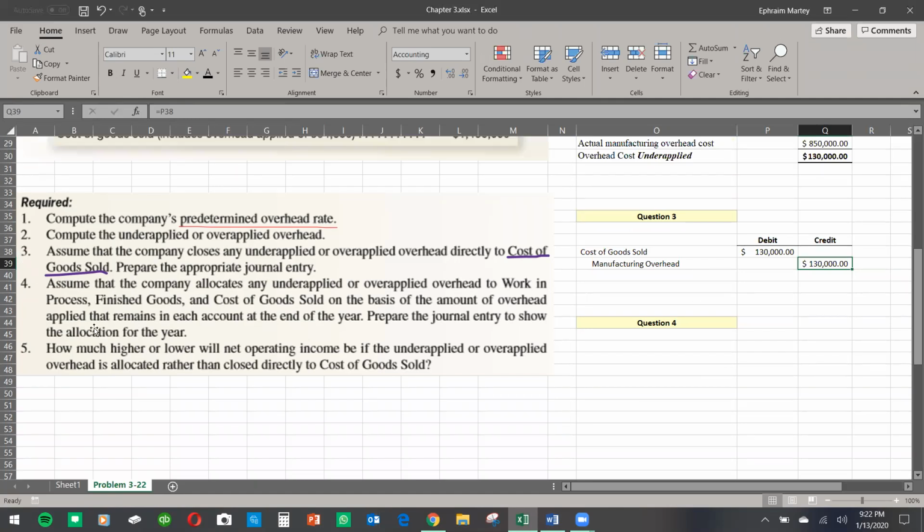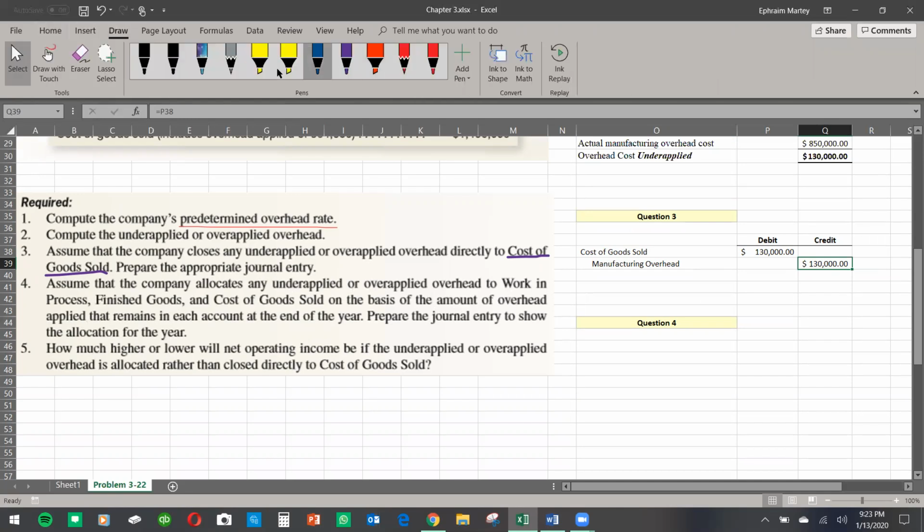Now, this takes us to question number 4. Assume that the company allocates any underapplied or overapplied overhead. The key point here is allocate.